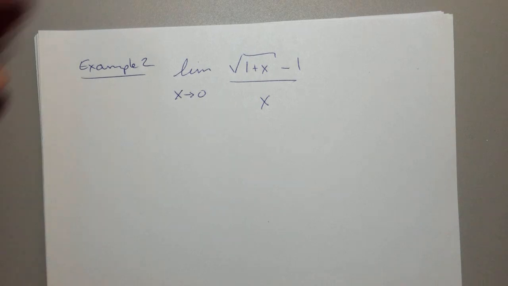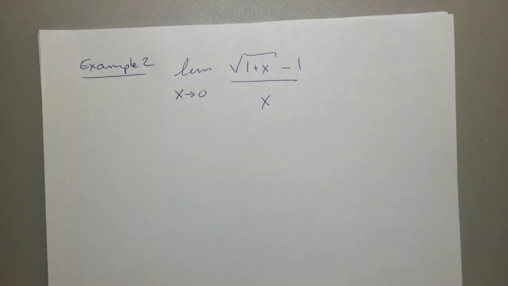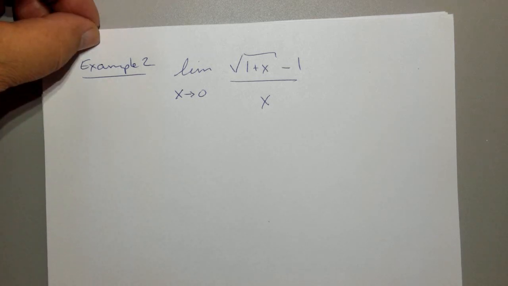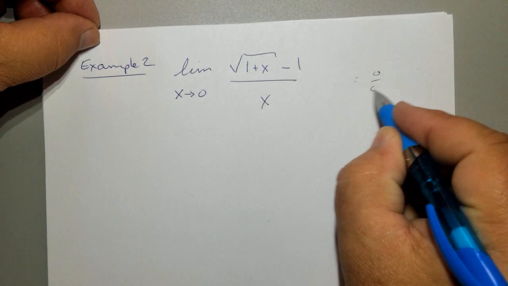Did anybody do the test before they started? Good. So is it 0 over 0? Yeah, always test that, because if it's not 0 over 0, L'Hopital's won't work. You'll have to use the quotient rule. So we plug it in there, we get 0 over 0.